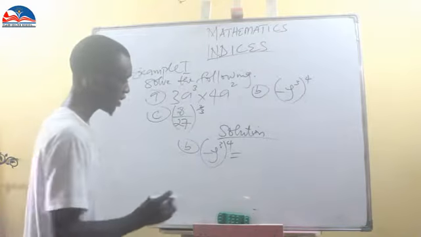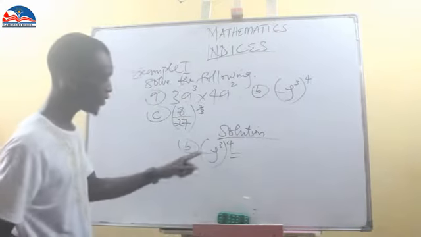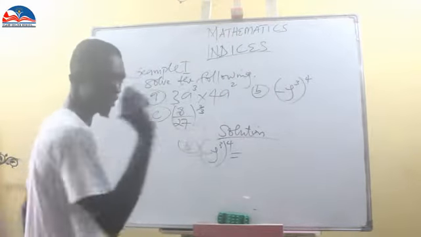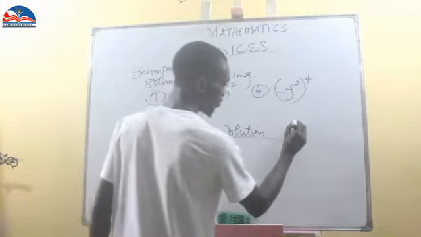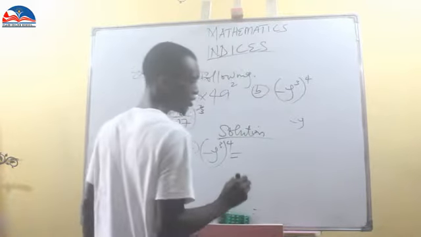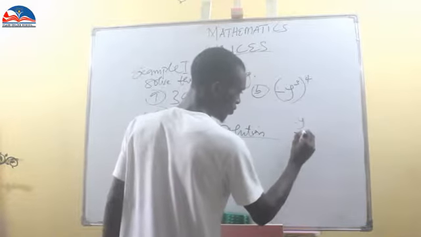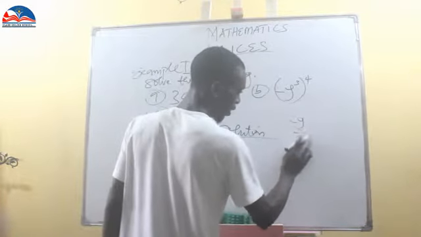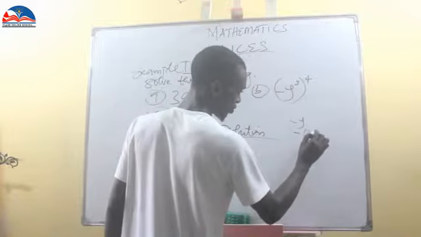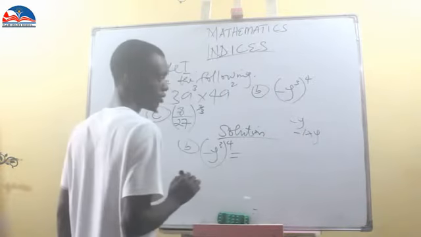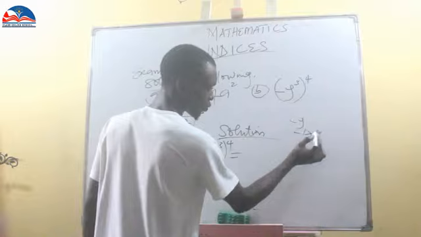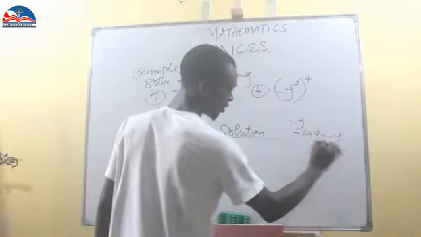Here, don't forget that if you have minus y, it is the same thing as minus 1 times y. Minus 1 times y gives us minus y.